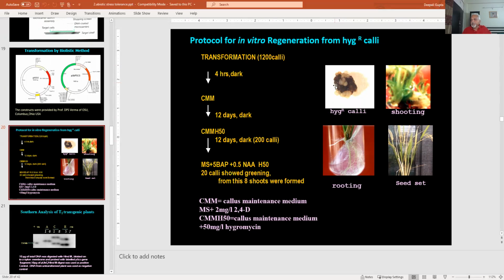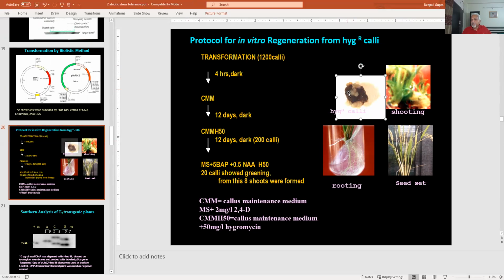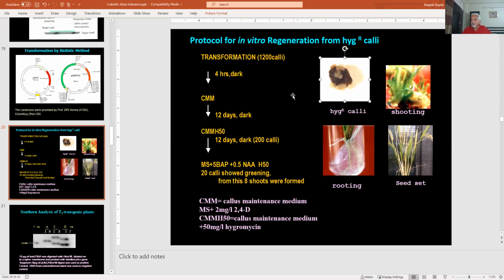Now, what you see here after bombardment, when the calli are put on selectable medium with hygromycin, you see the black cells, the zones.